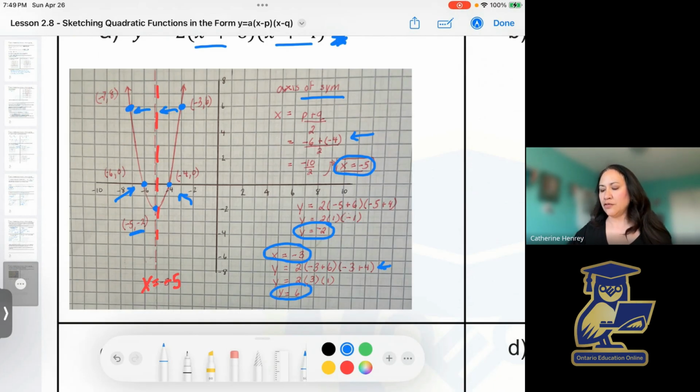So now I have the vertex. I have the two intercepts. I found one coordinate, and then I use symmetry to get the other coordinate. And then I'm able to sketch my quadratic. So there's an example for you.